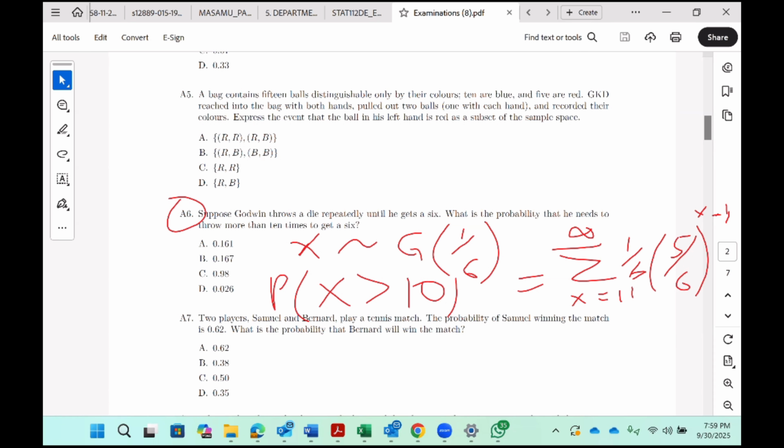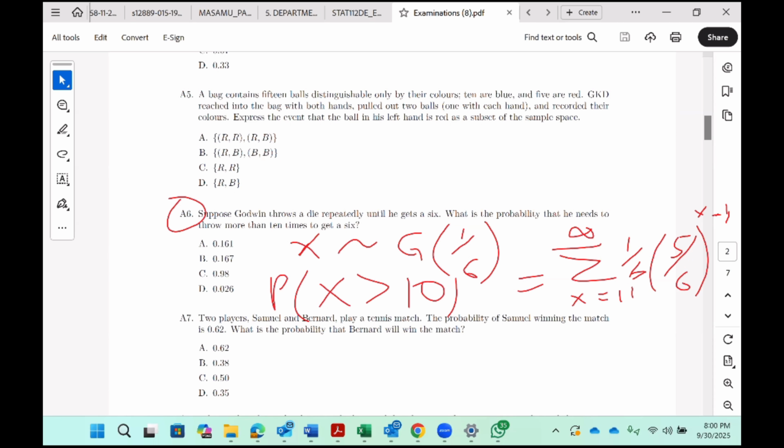So what will be the answer if you simplify this? Can you calculate the summation X equals 11 to infinity of 1/6 times 5/6 to the power X minus 1, because we are doing more than 10 times. So the next one can be 11, and 11 can give you the answer, or 12, 13, 14, 15, 16.